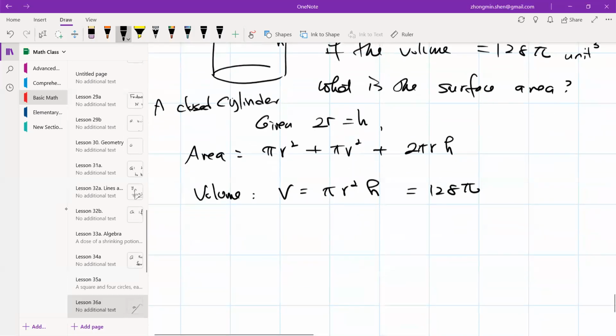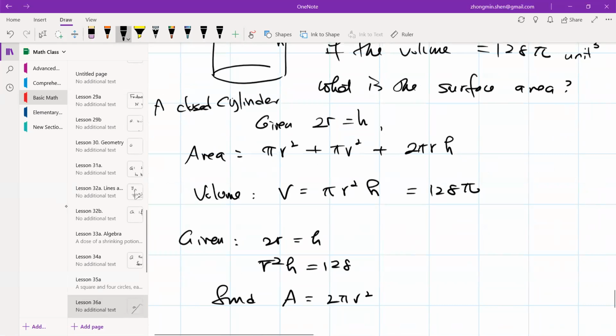Roughly speaking, getting rid of the pi, we are given 2r equals h, and r squared h equals 128. We are going to find the area, which is 2 pi r squared plus 2 pi r h.